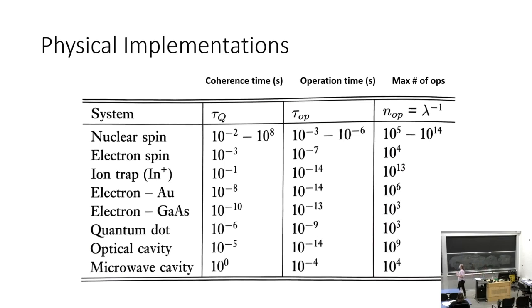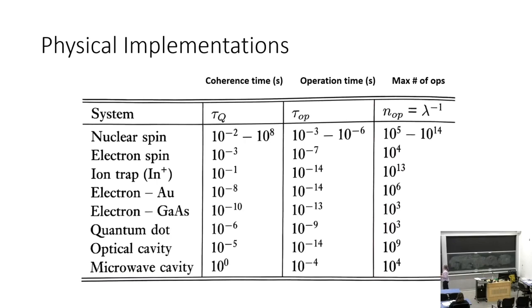You can see here nuclear spins, for example, have coherence times that range anywhere from 10 to the minus 2 to 10 to the 8th seconds, so quite a range. They have operation times of 10 to the minus 3 to 10 to the minus 6 seconds, so single gate operation times. And so that means that the number of operations that they could potentially do are in the 10 to the 5th to 10 to the 14th range, which is pretty great.